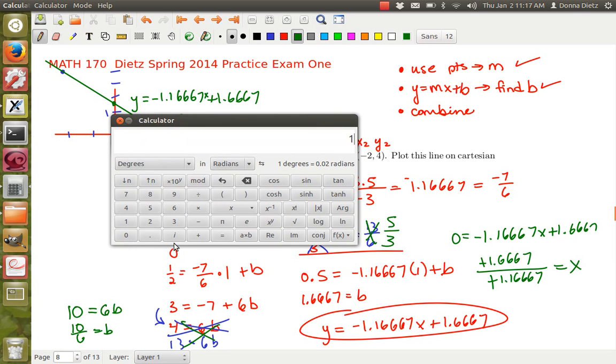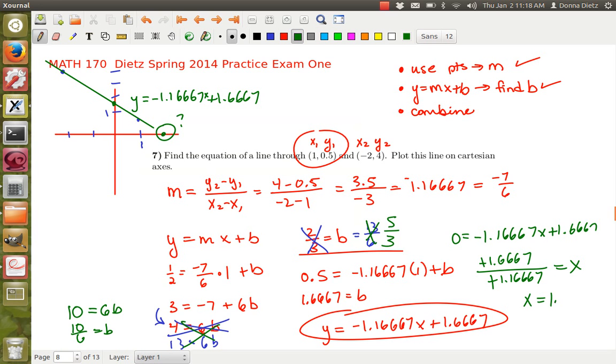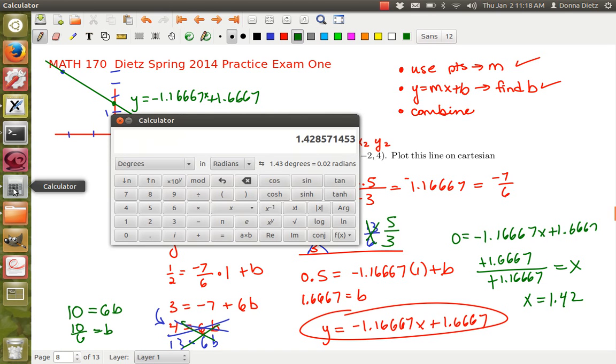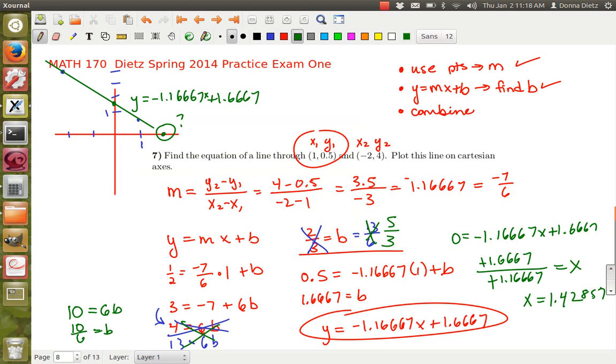We have 1 point, whole bunch of 6's, divided by 1.1, whole bunch of 6's. Aha! That looks like a familiar number. 1.428. It looks like a divide by 7 is going on in there. So it's probably the fraction form has a 7 in it. Okay? And so if you had been asked to find the intercepts, then there, you've done it.